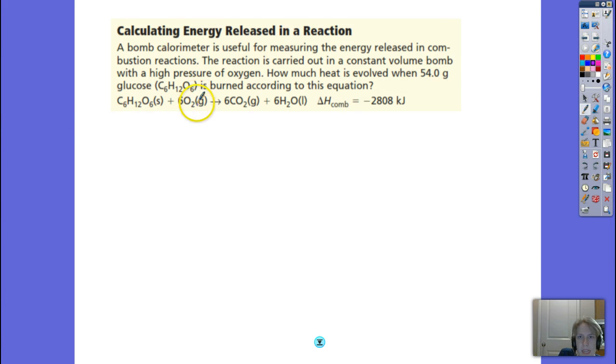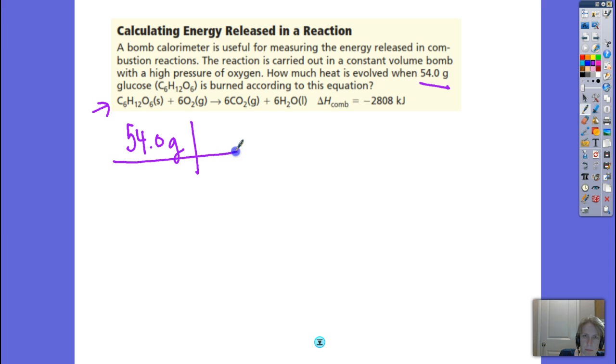Alright, so calculating energy released in a reaction. We can actually take this and have a calculation for how much something would give off. So we have: how much heat is evolved when 54 grams of glucose is burned according to this reaction? I'm going to start out with my given. I have 54 grams.